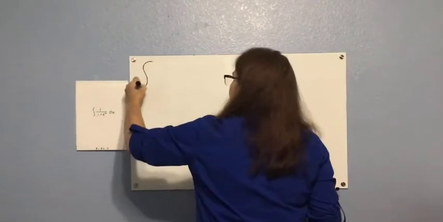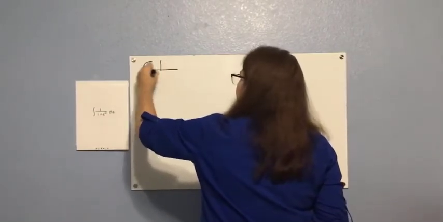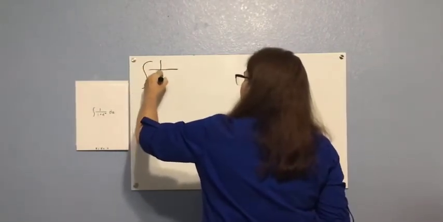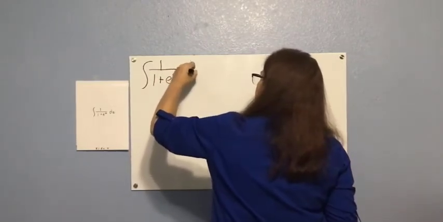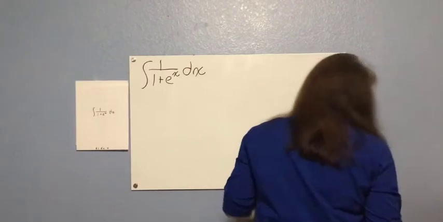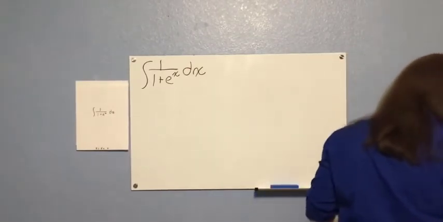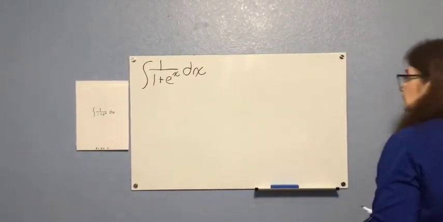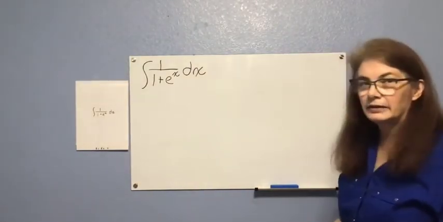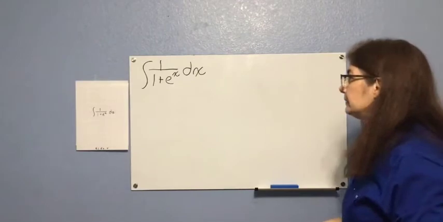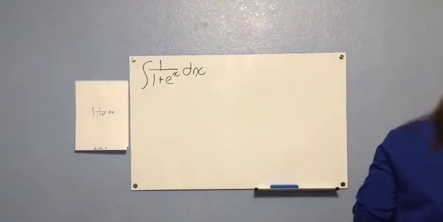In our next example, we're going to take a look at this integral. Okay, at first glance, this doesn't appear to match any of the rules that we were given for this section.